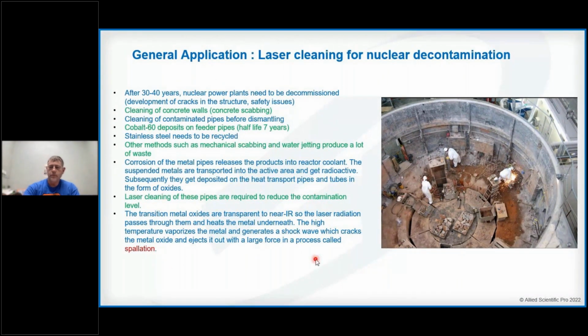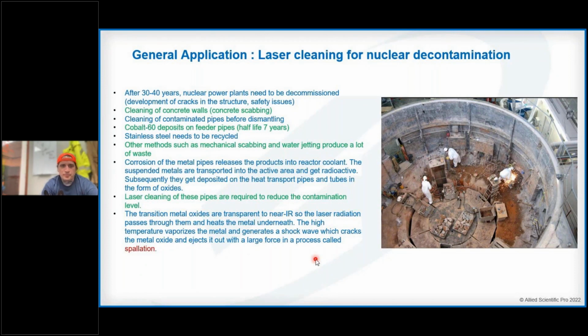What happens is the corrosion of the metal pipes causes this product to be released into the reactor coolant, and it is transported into the active area, gets radioactive, and then comes back and deposits on the heat transport pipes and tubes in the form of oxides.